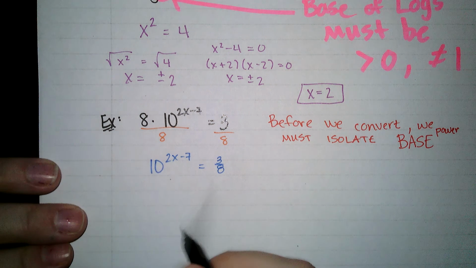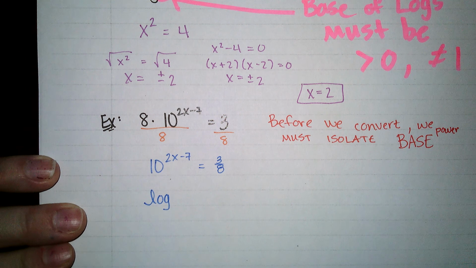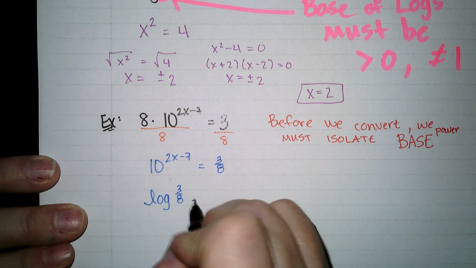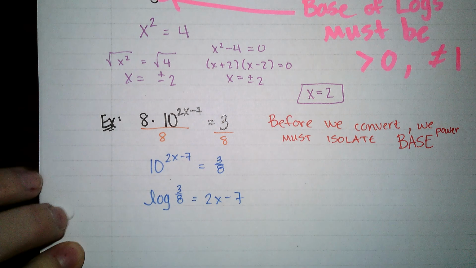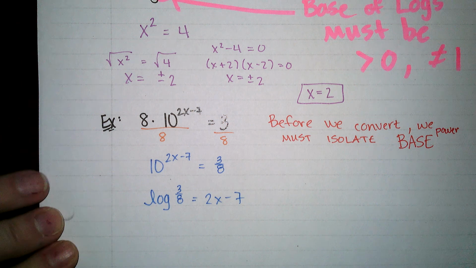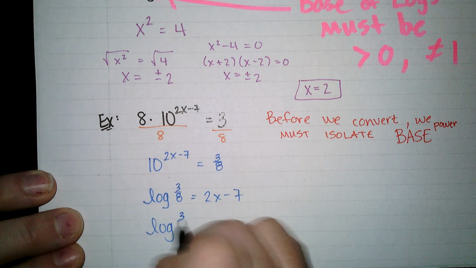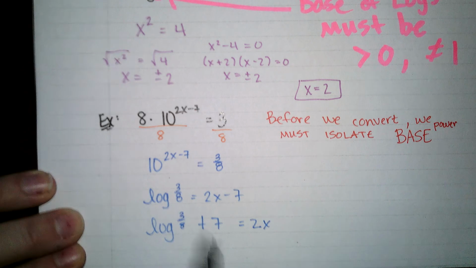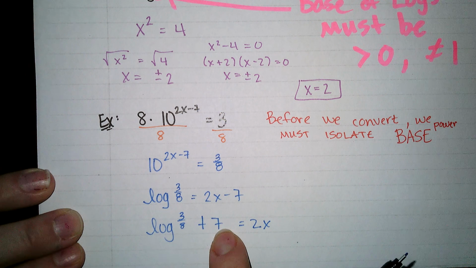So that base stays the base. So it's going to be a common log, which we don't write the 10. So it will be common log of 3/8, and that's going to equal the exponent of 2x minus 7. We would have to add the 7 to both sides. So log of 3/8 plus 7 equals 2x. Now this log of 3/8, that's like an exponent. Logs and exponents are inverse operations, so I cannot combine that with the 7.